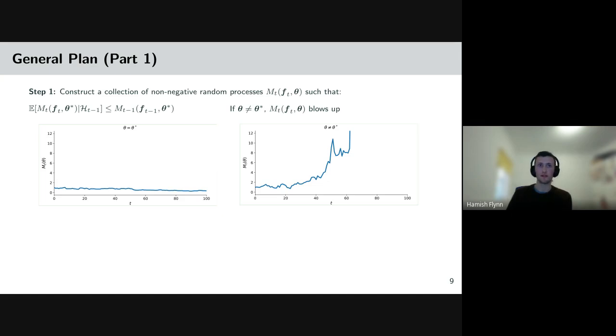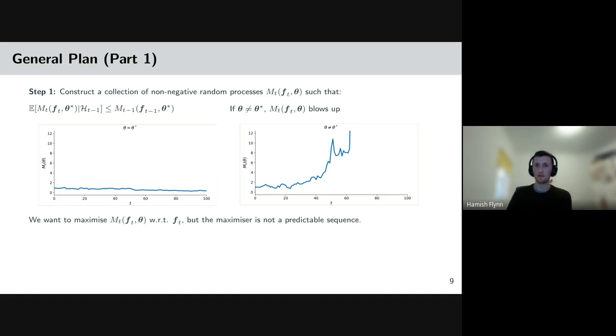If it does, then theta is unlikely to be theta star, and we can exclude it from the confidence set. And if mt doesn't blow up, well, then this theta could actually be theta star, so we should include it in our confidence set.